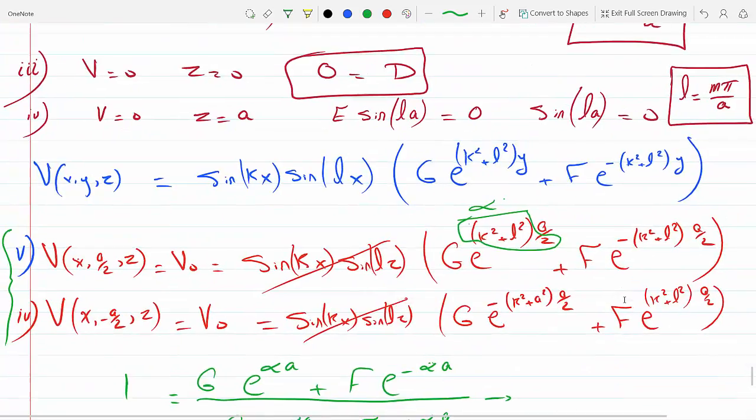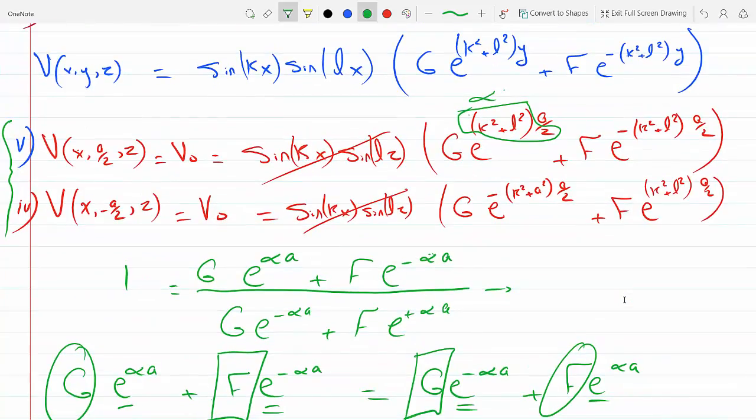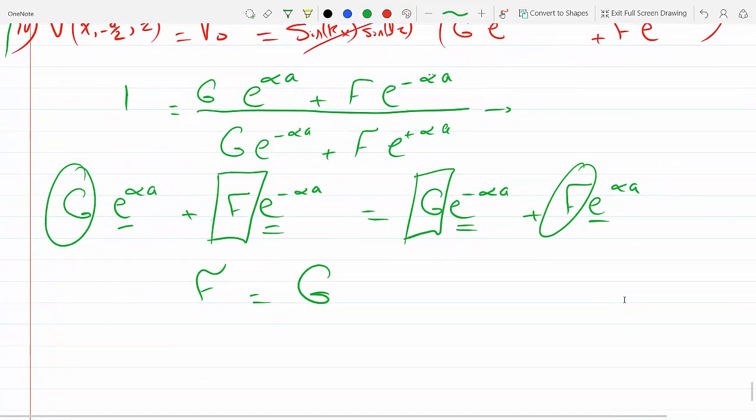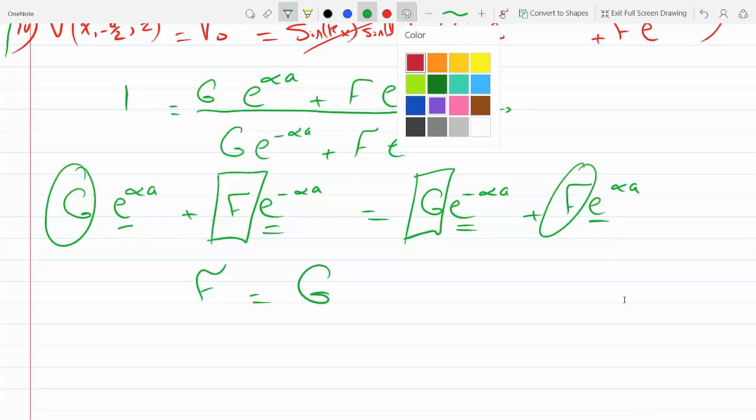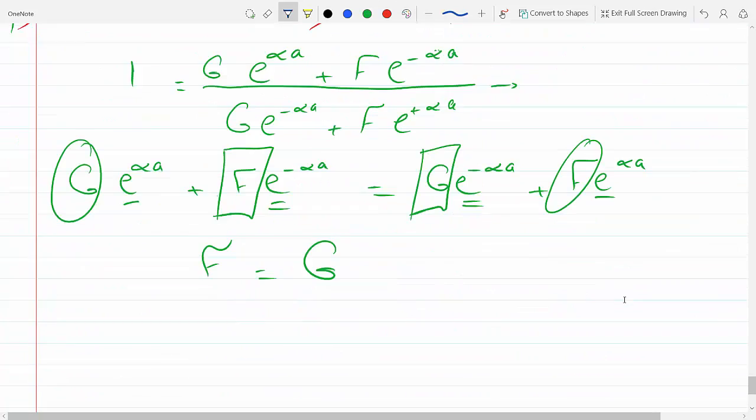And with that said, go back to our potential and pull that coefficient out. So we have V(x,y,z), I'm going to write it with the same color. I'm redoing this guy here.